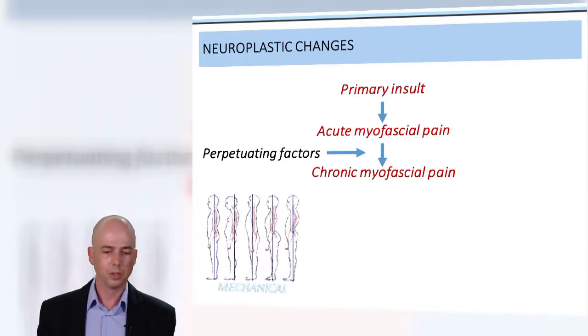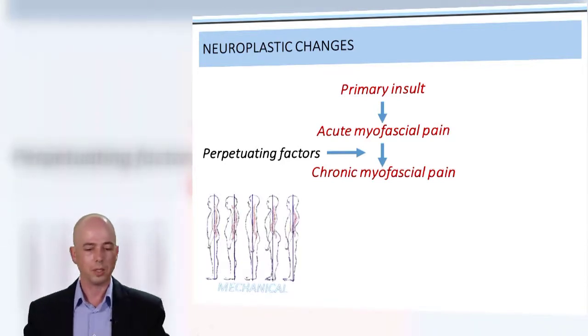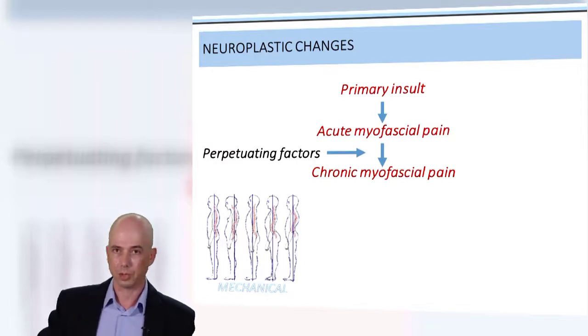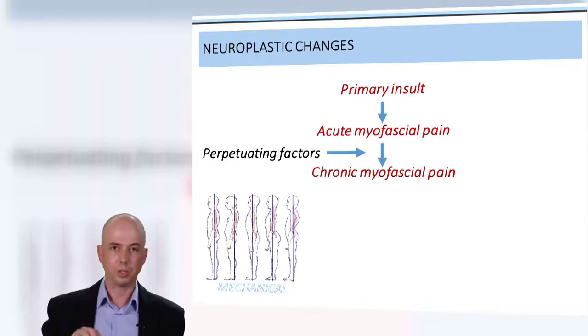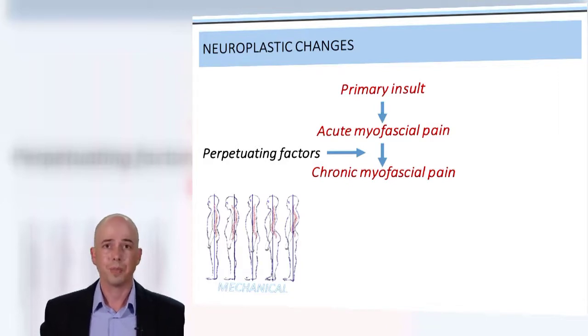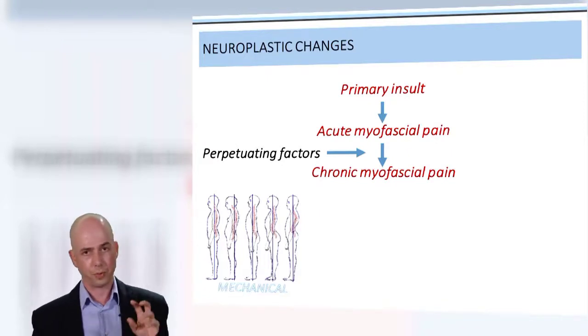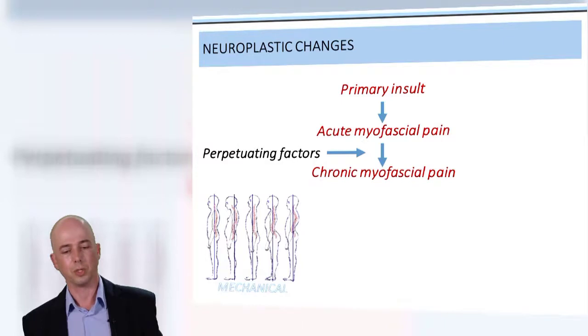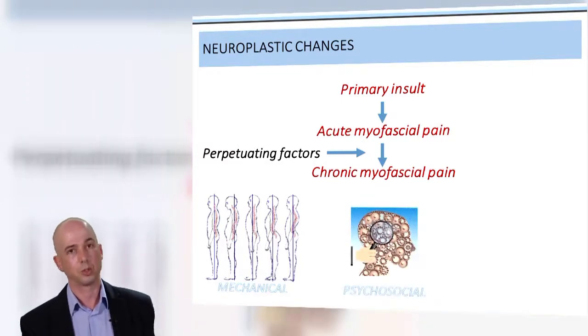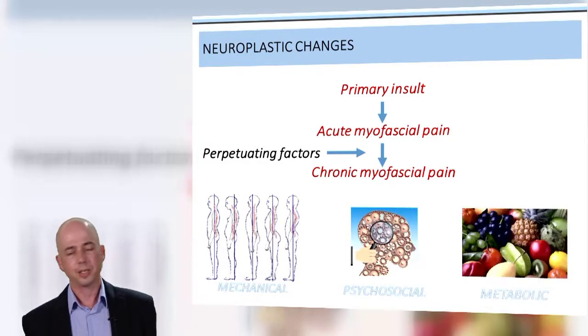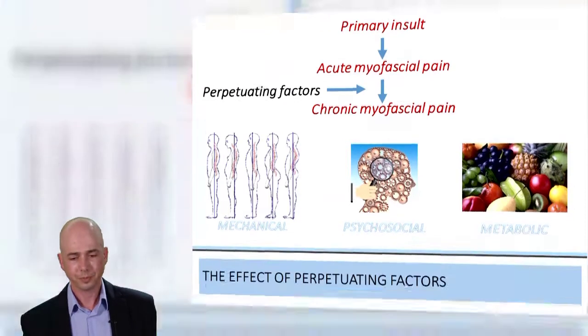The first category, maybe the most common one, is mechanical perpetuating factors. We'll go into more detail of these factors in our last talk, about building a comprehensive treatment plan. So the mechanical factors are the first group of perpetuating factors, the second one being psychosocial factors, and the last one being metabolic factors.